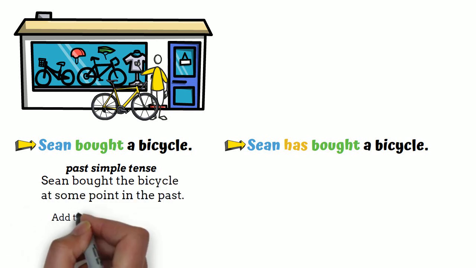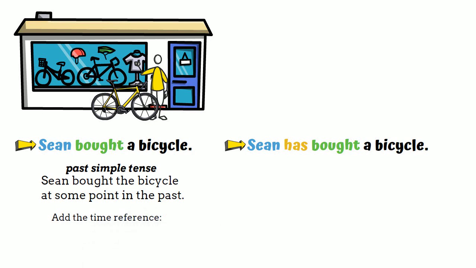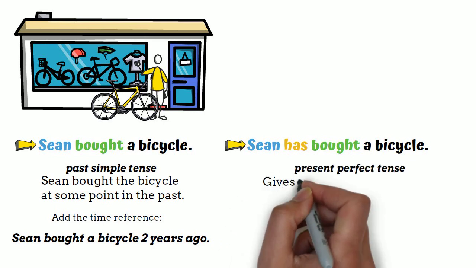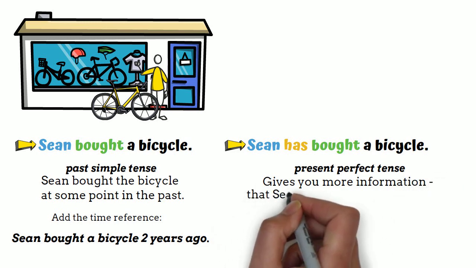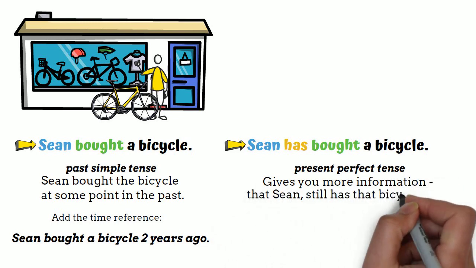You could also add the time reference. Sean bought a bicycle 2 years ago. The second sentence, which is using present perfect tense, gives you more information, and the information is that Sean still has that bicycle now.